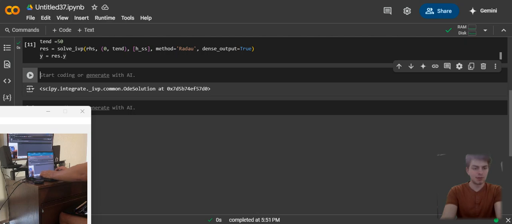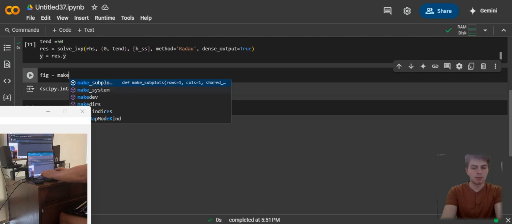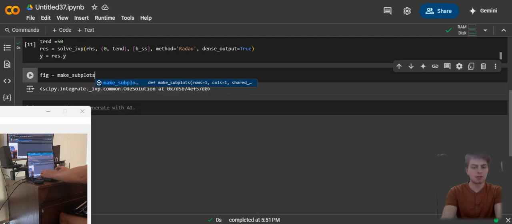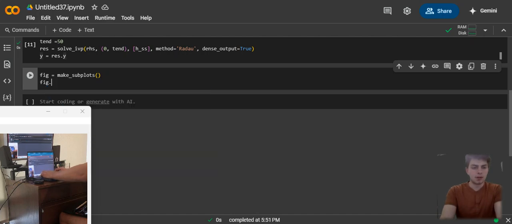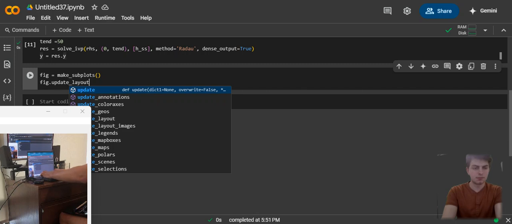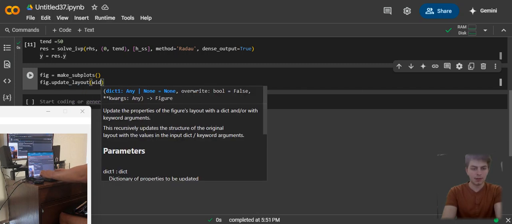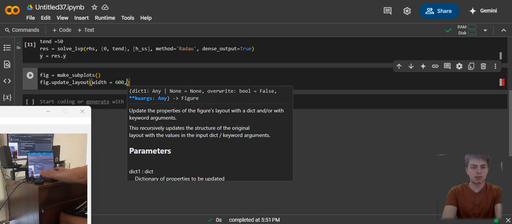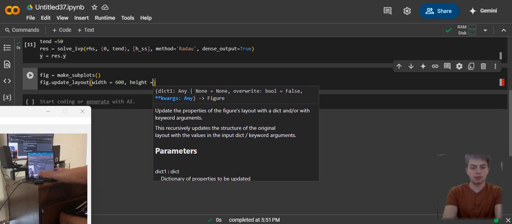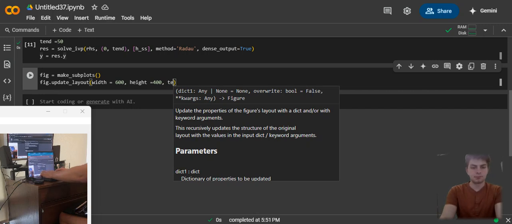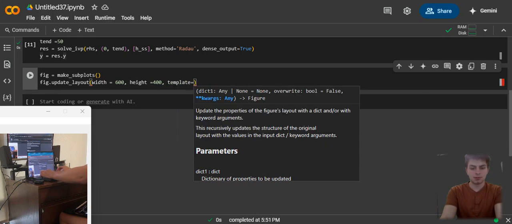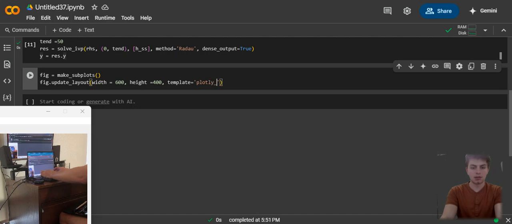And what do we want to do with this? We want to go ahead and plot it up. So fig equals make subplots. Fig dot update layout, width 600, height equals 400, template plotly dark.